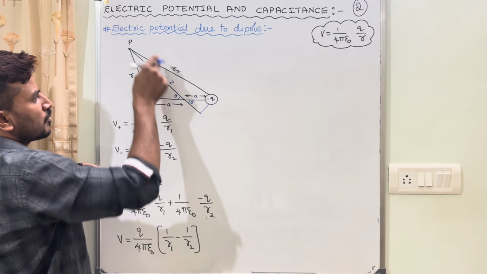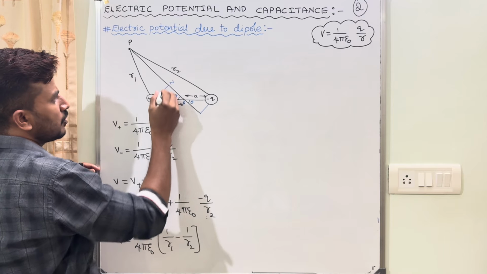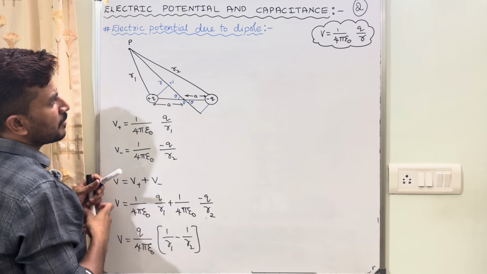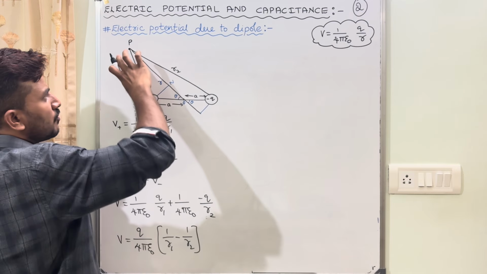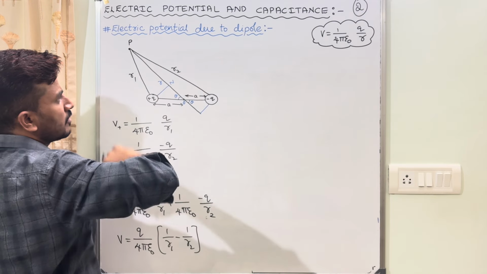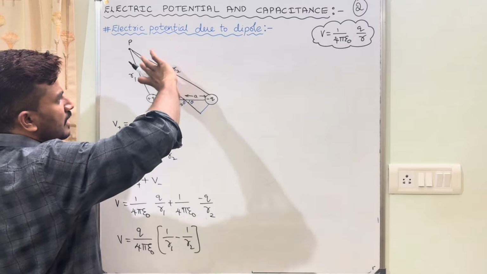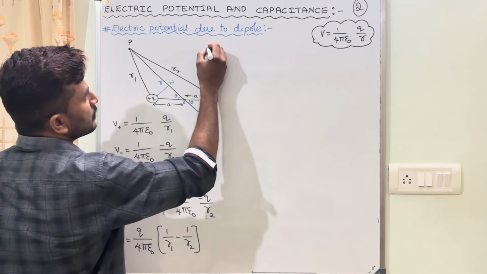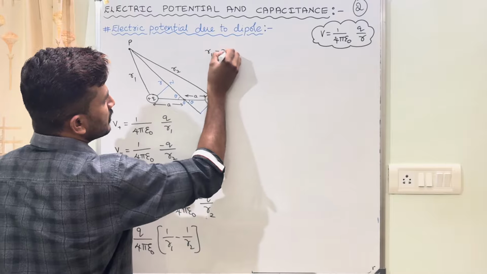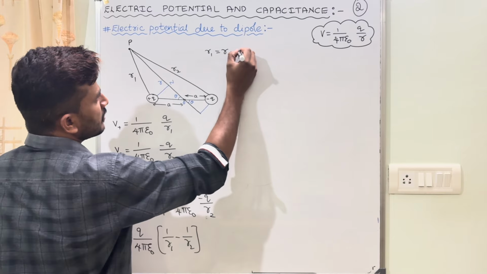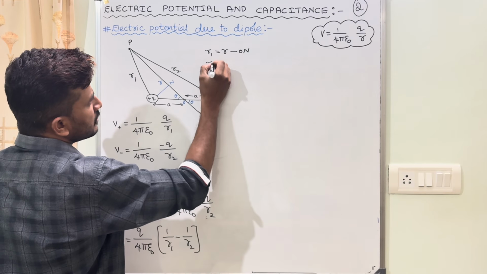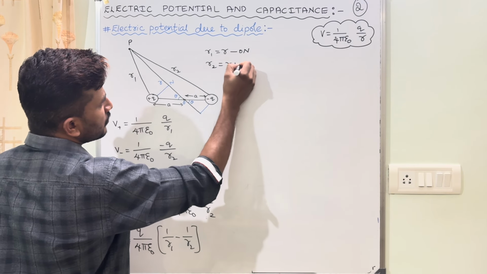The total distance from P to this point, let us consider O, is R. So from the diagram I can write R1 is smaller than R and R2 is greater than R. R is the distance from O to P only. So R1 is R minus ON, and R2 is R plus OM.